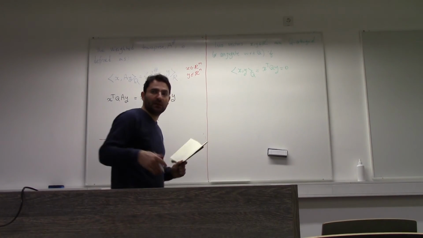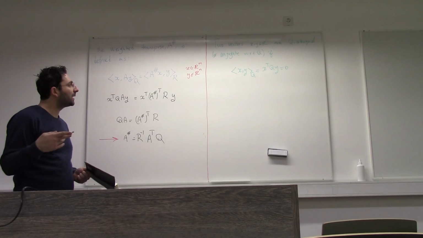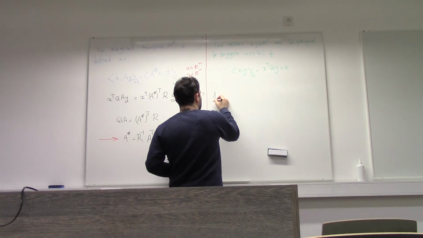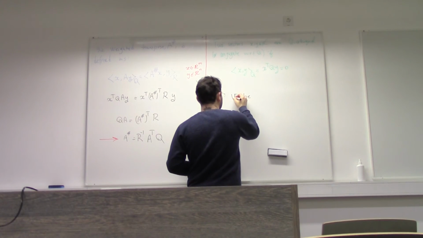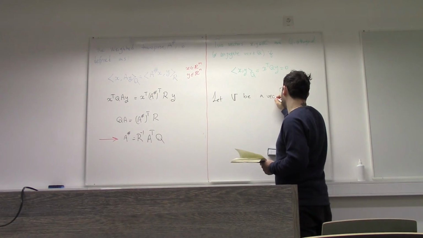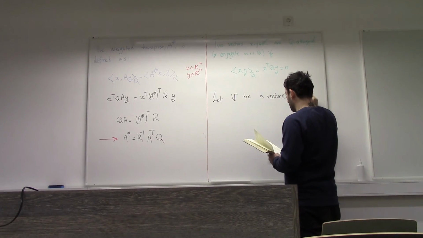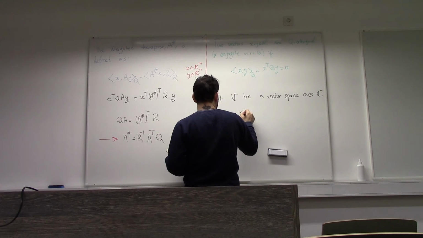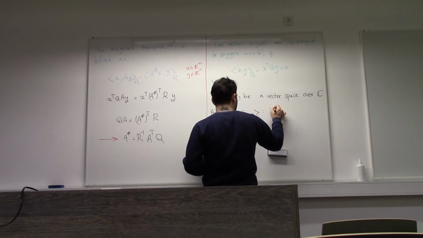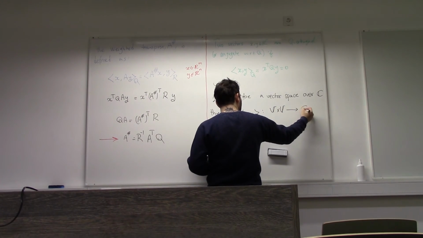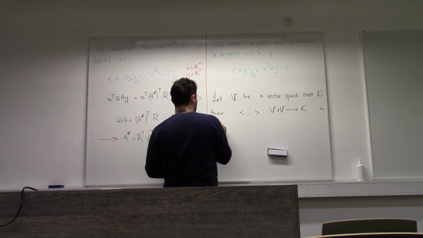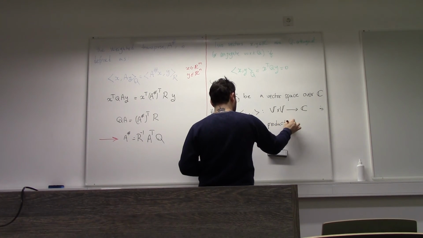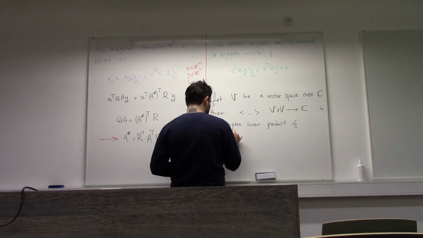But let's talk a little bit about how all of these things will look when we are handling not R but C. Let V be a vector space over C, and then this operator is a complex inner product if we have three conditions.